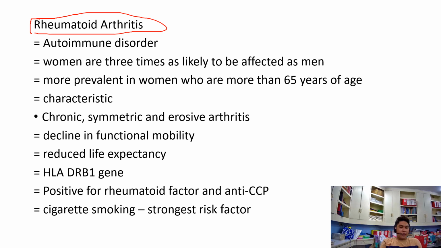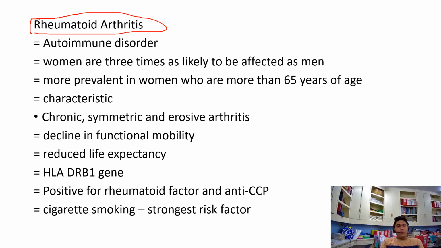And there is a decline in functional mobility due to the inflammation or damage to the joints. There's also reduced life expectancy because individuals with rheumatoid arthritis are prone to develop cardiovascular disease.